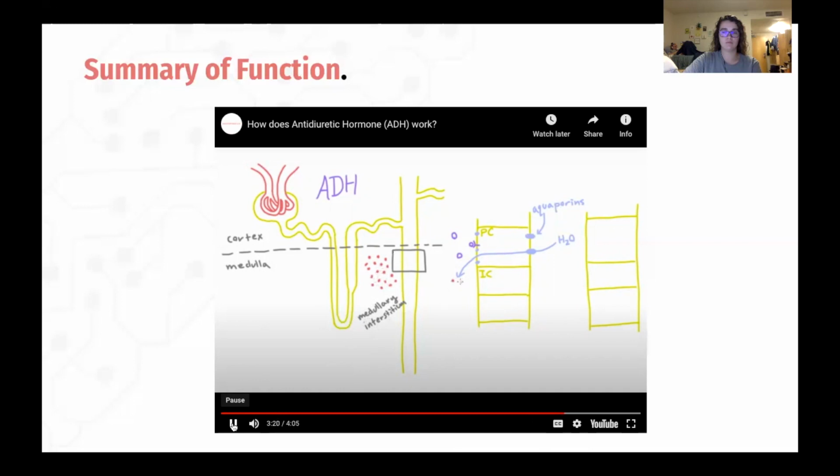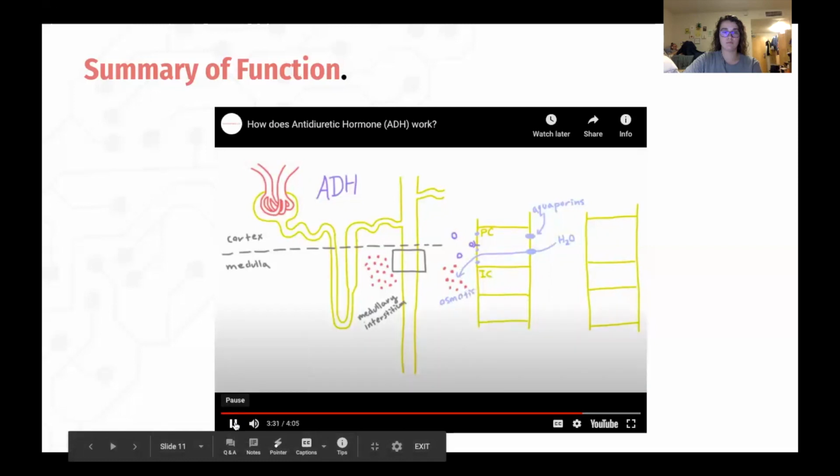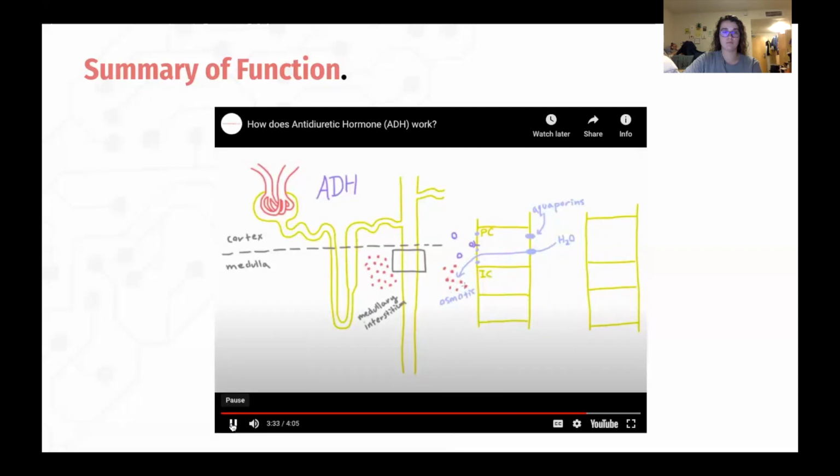And because we have a very high concentration out here, the driving force for water to be absorbed is our usual driving force, which is osmotic. Now this just brings up more questions, like how do we have a high concentration of solutes here in the medulla? And that'll be the subject of upcoming videos.